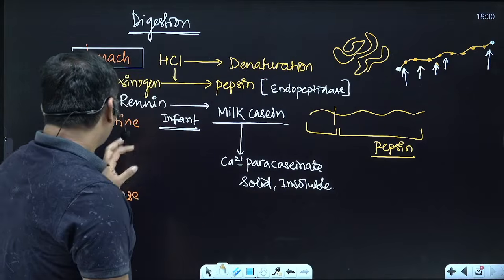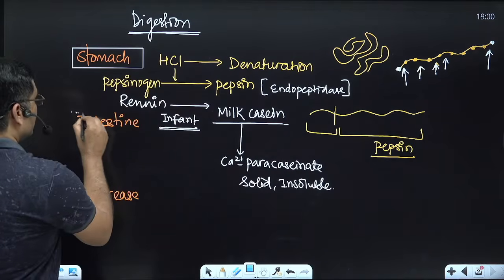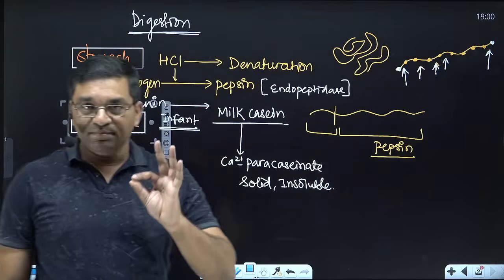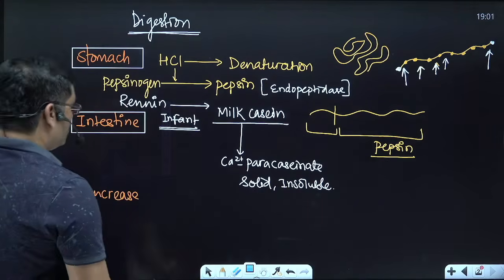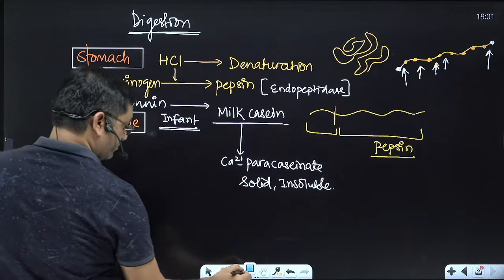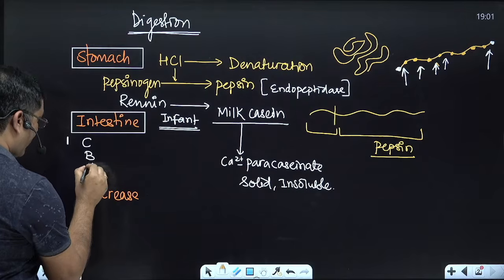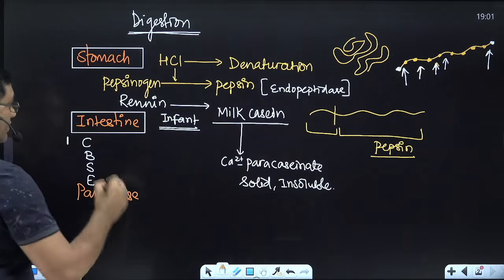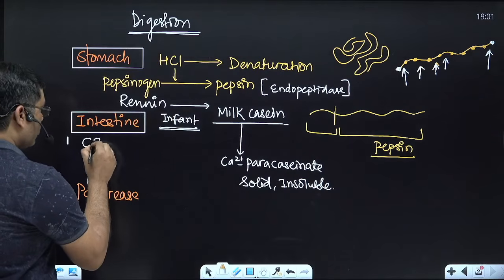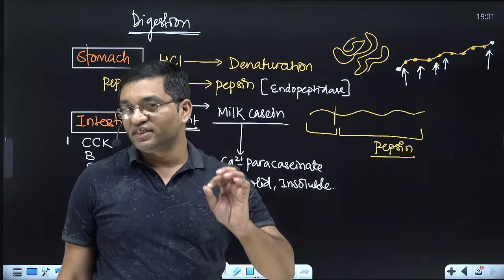Now when the food bolus reaches the intestine, there is action of hormones. Remember this: in the intestine, there is release of cholecystokinin from the duodenum, specifically the I cells of the duodenum.